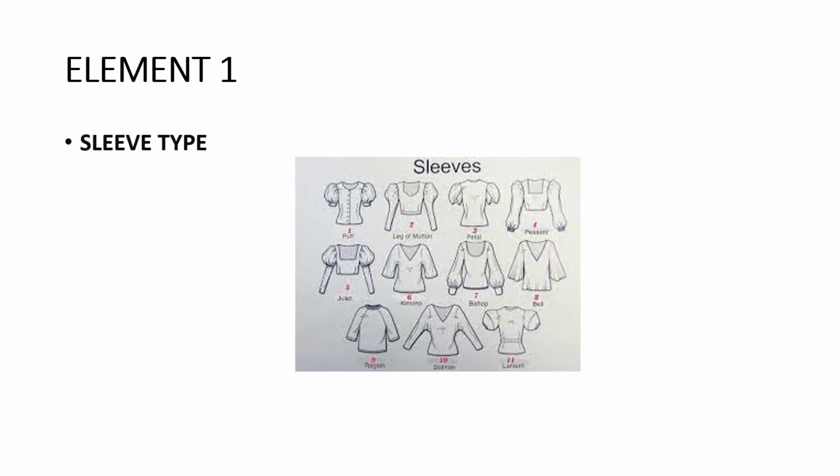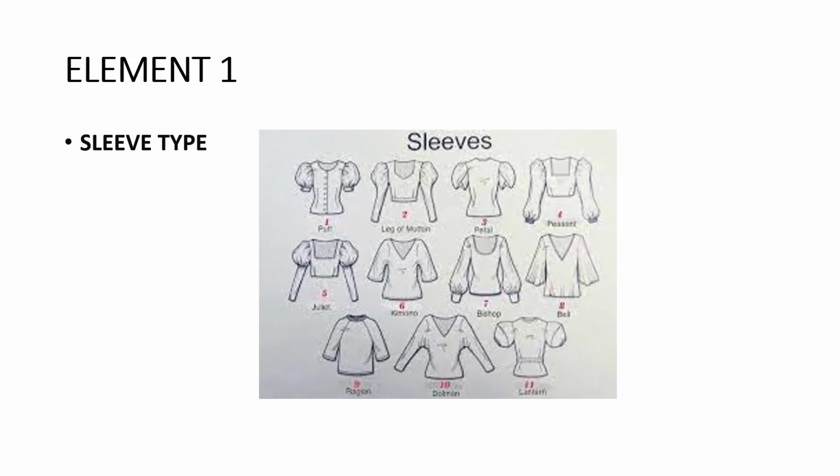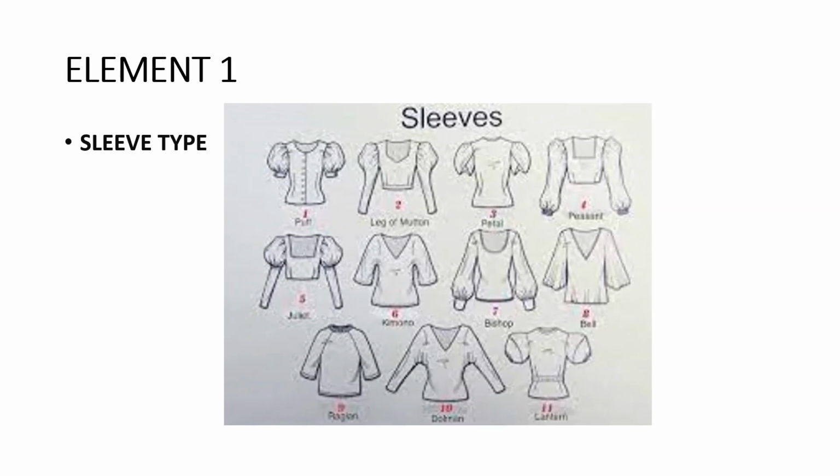Different sleeves, sleeve types, all these things are there in the garment. So students, you can see how different sleeves are there. Sometimes it is a full sleeve, half sleeve, different designs of sleeves. Those are part of element 1 of the specification sheet.